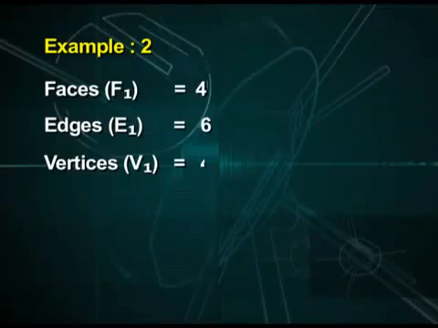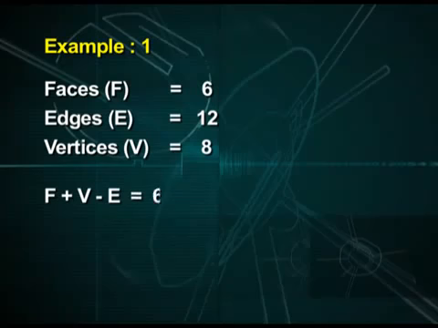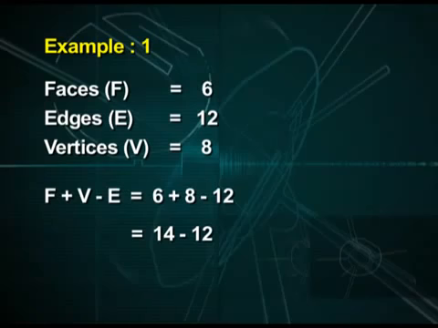So, vertices are 4. Can you observe any relation from these 2 examples? See this. In the first example, if we add vertices to faces and subtract edges, we get 6 plus 8 minus 12. As we know, 6 plus 8 is 14, minus 12, which is equal to 2.